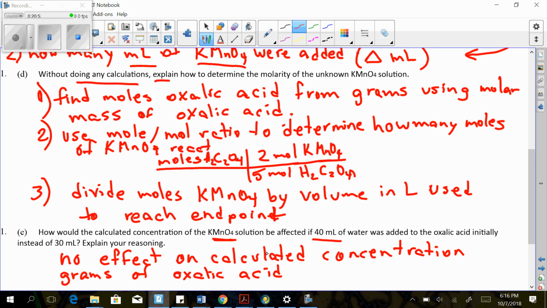And so if we don't change the mass of oxalic acid that we added, we don't really care how much water was added to dissolve. So an extra 10 milliliters doesn't change the mass.